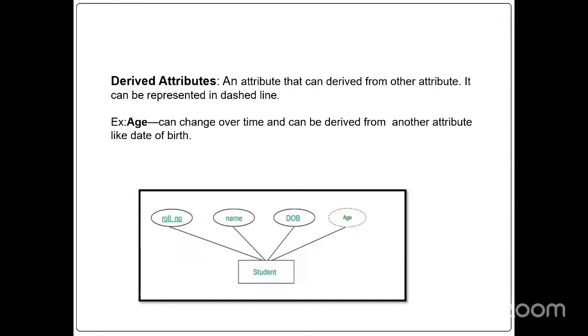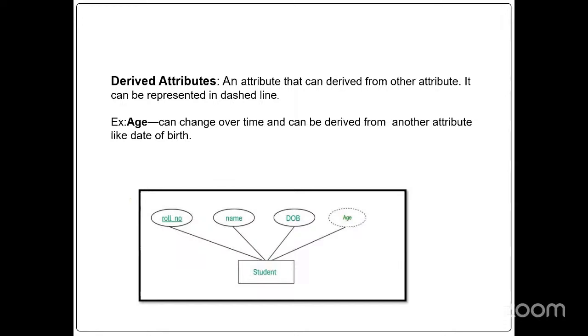Derived attribute. So what is the meaning of derived attribute? It is an attribute which is derived from another attribute. An attribute which is derived from another attribute is called a derived attribute.